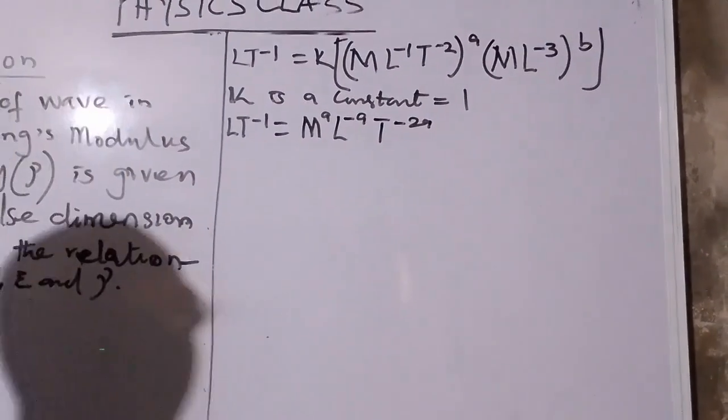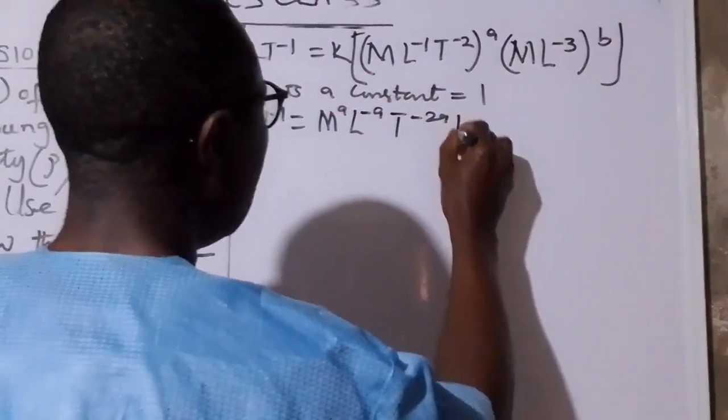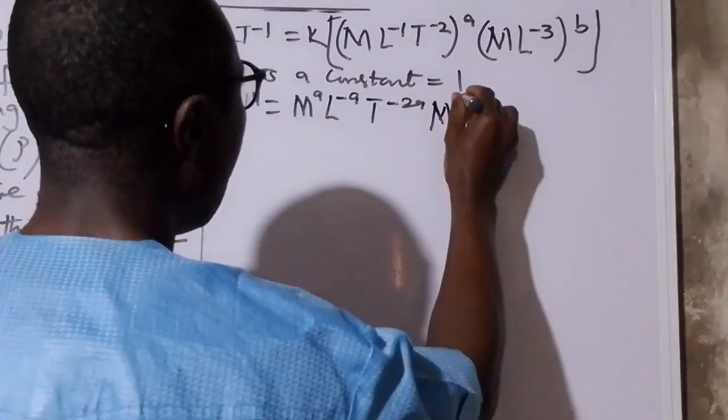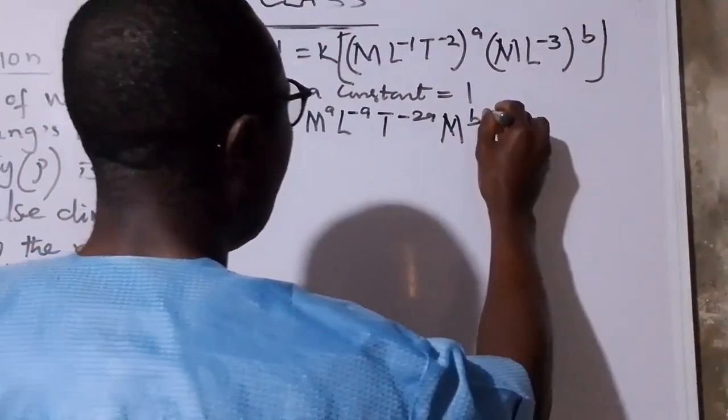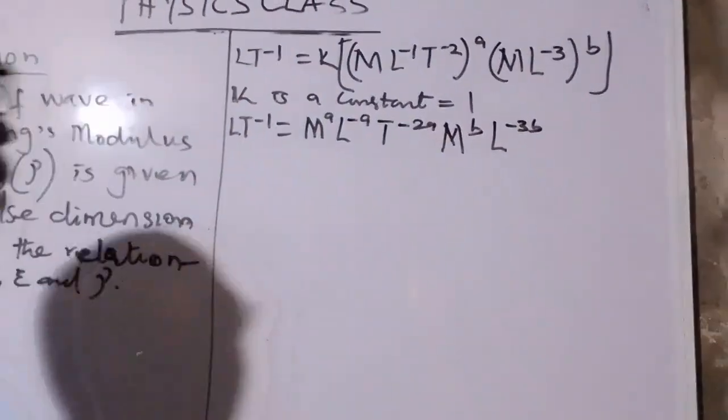We've opened that one now. Let's open this one too. That will be M raised to power B and L raised to power minus 3B. We've opened all the brackets now.